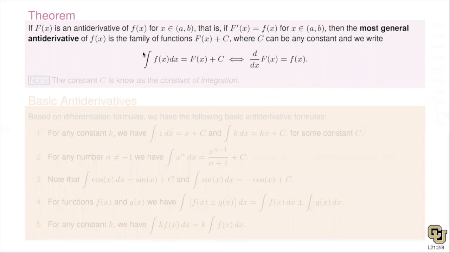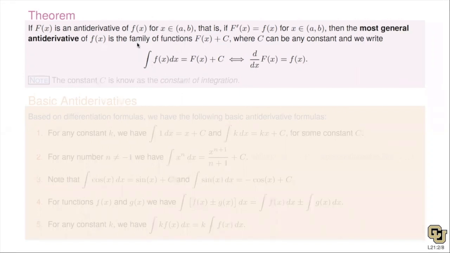And so I've written this here. I say the antiderivative of little f is equal to F of x plus c if and only if the derivative of capital F equals little f. I didn't include the plus c because we know the derivative of a constant is 0.